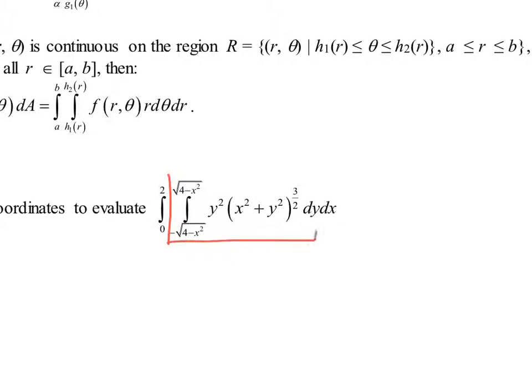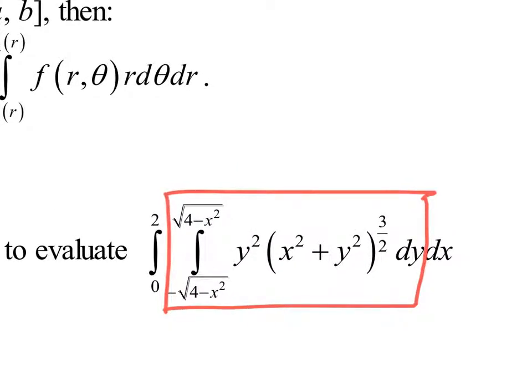Let me try that again. So I'm going to focus on the innermost one for a second. All right. So that definite integral is with respect to y. So what that tells me is that these two bounds are really y equals. Now, it's probably something you would have assumed because the expression itself is in terms of x.